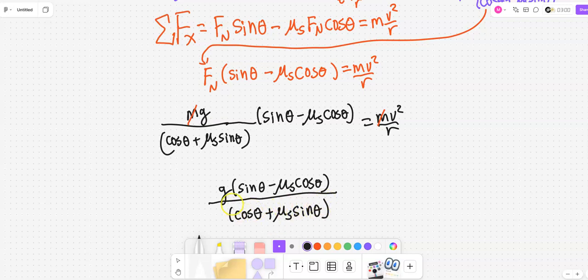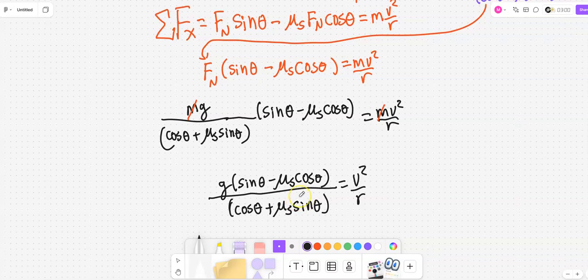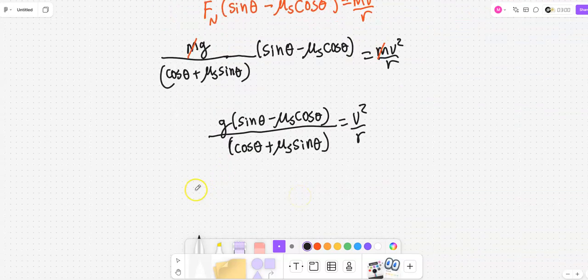You don't have to write the denominator in parentheses. I just like to do that so I remind myself to group them together later. It's going to be equal to v squared over r. And I'm going to take some liberties here.